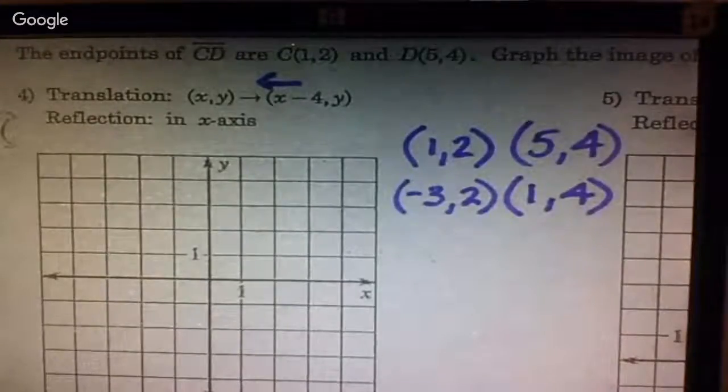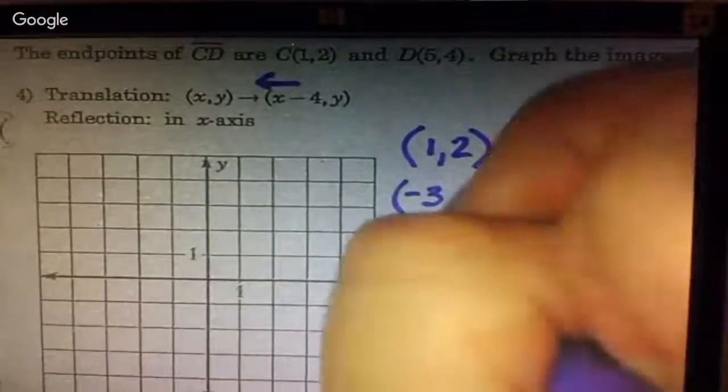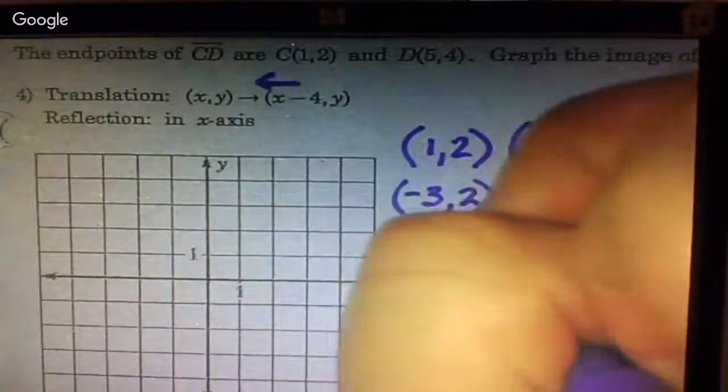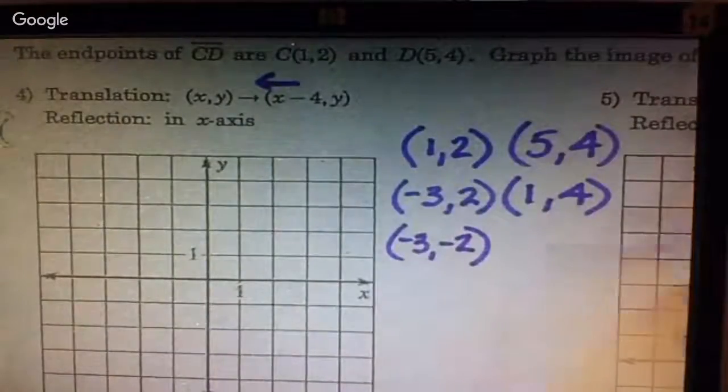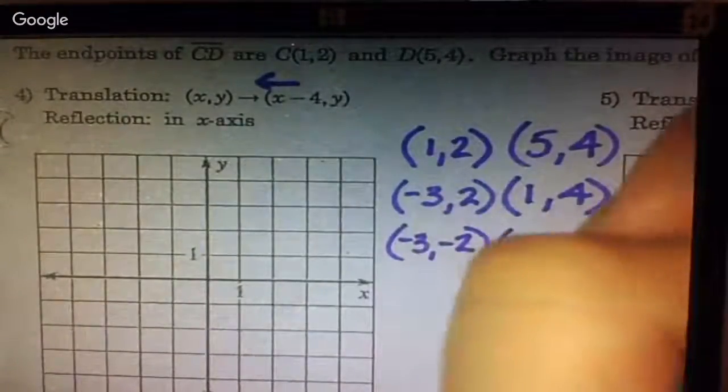All right. Reflection in the x-axis. So that goes left and right. Your x-axis goes left and right, which means it changes my y's. So -3, 2 becomes -3, -2. Everything becomes negative.